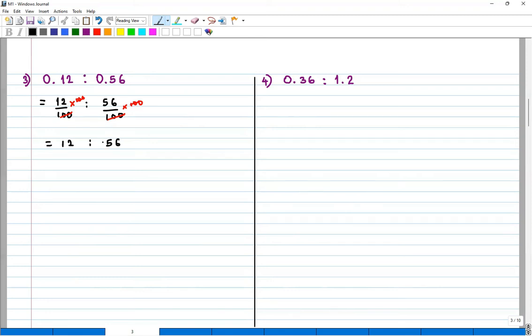Look at the ratio 12 to 56. Do we have any common factor of 12 and 56? Yes. We can use 4. We get 12 divided by 4 to 56 divided by 4.